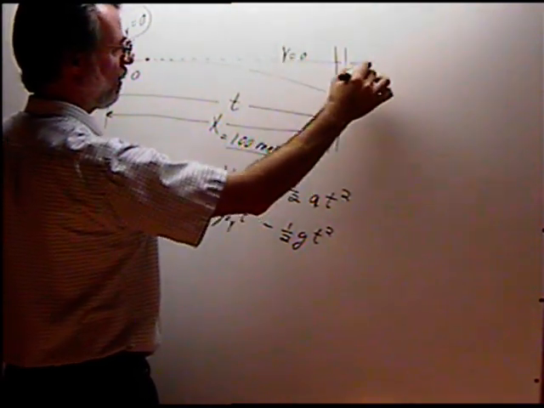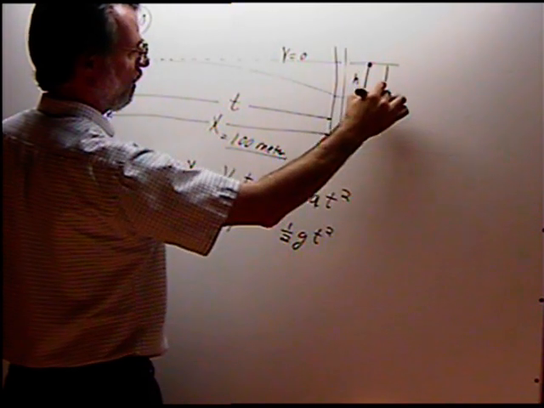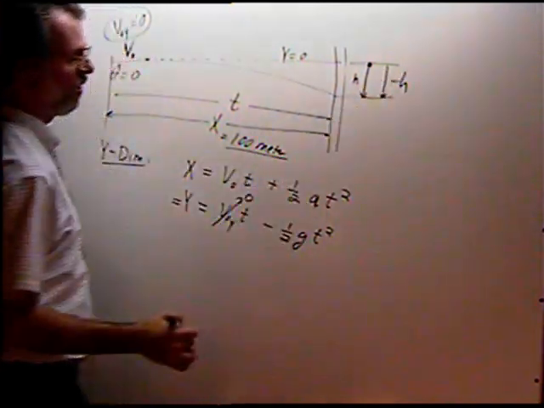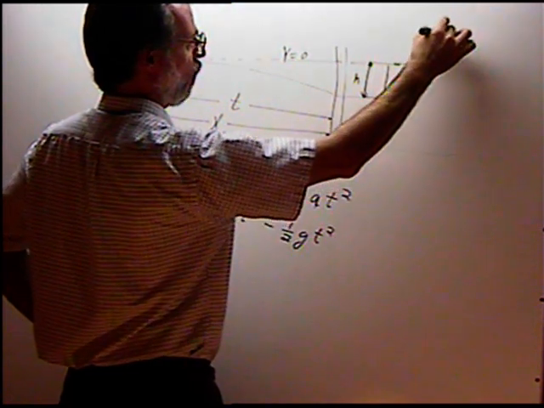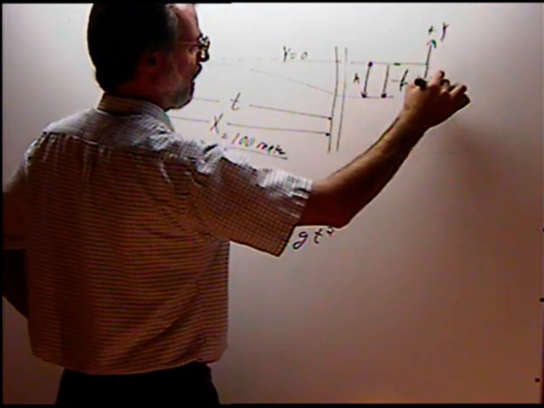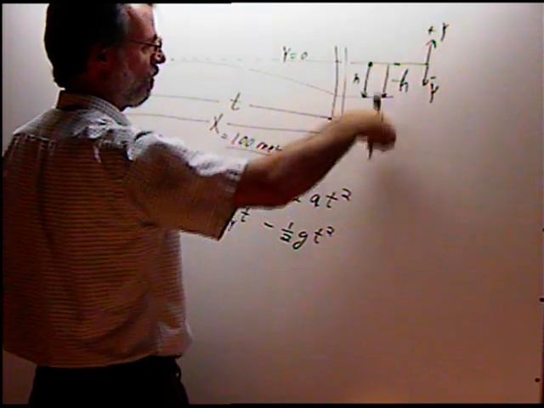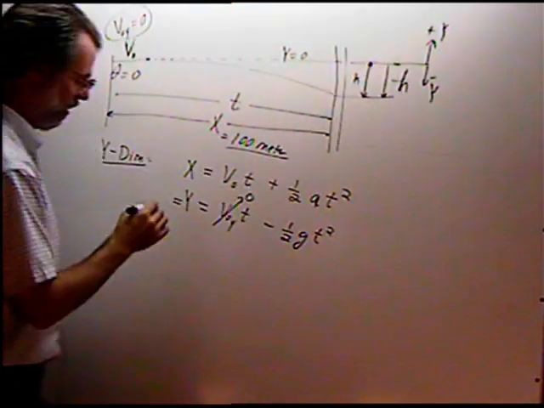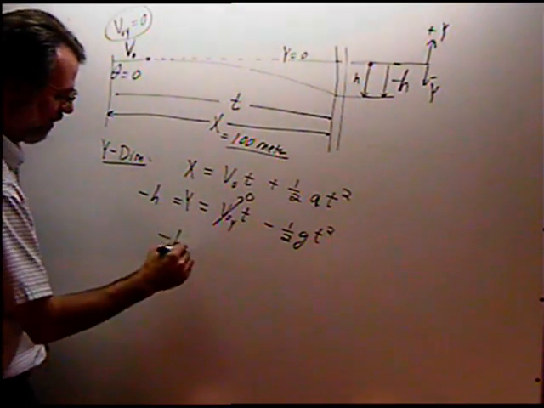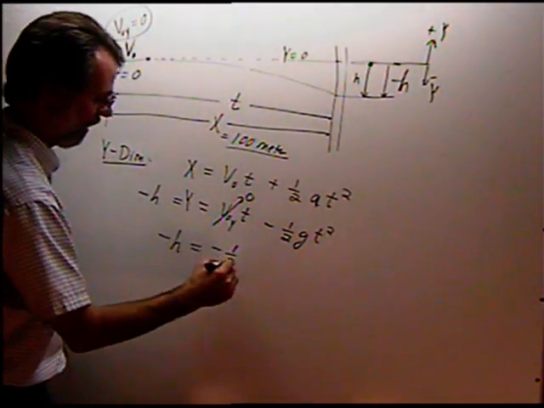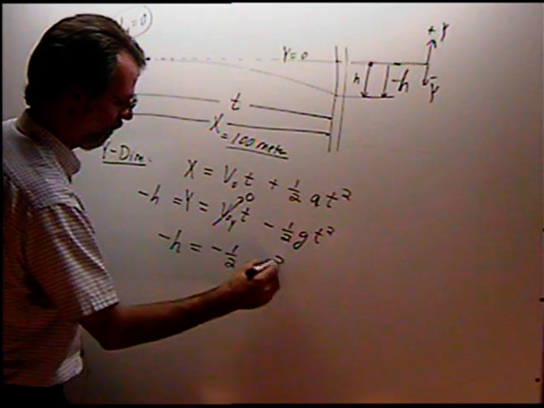So this distance from here to here is minus h. Okay, we have plus y in this direction, we have minus y in this direction. So this is minus h down. So we have minus h equals minus 1/2 g t squared.